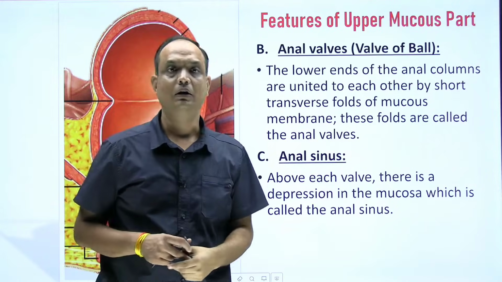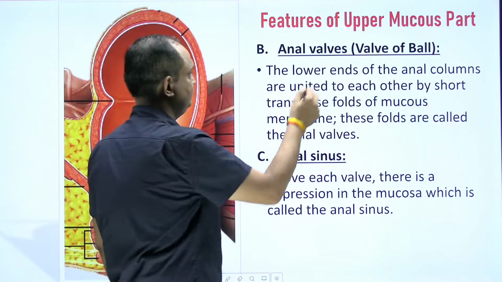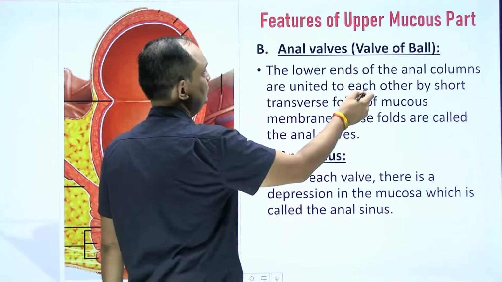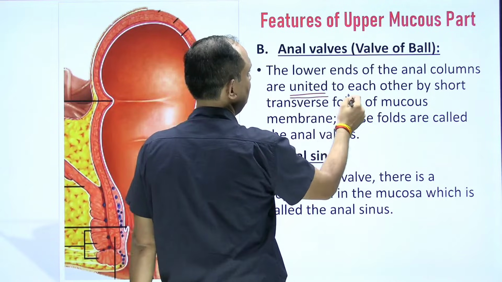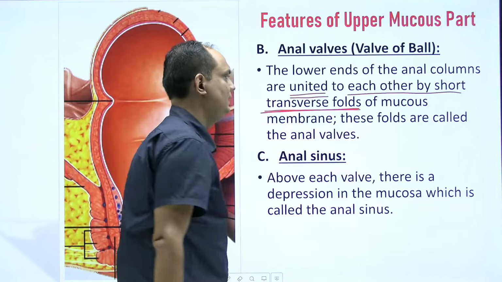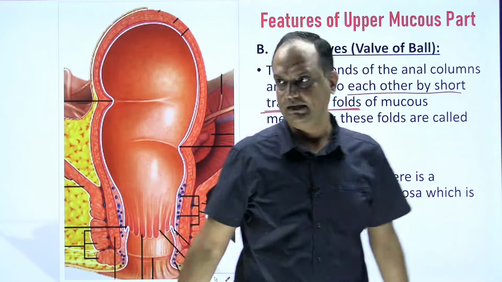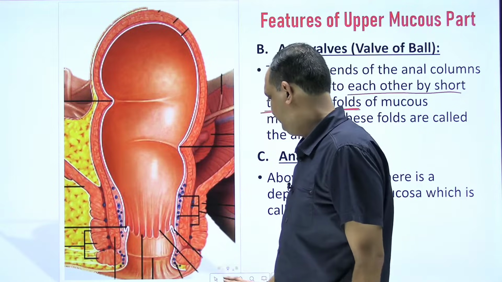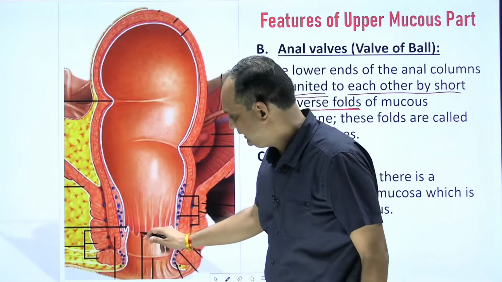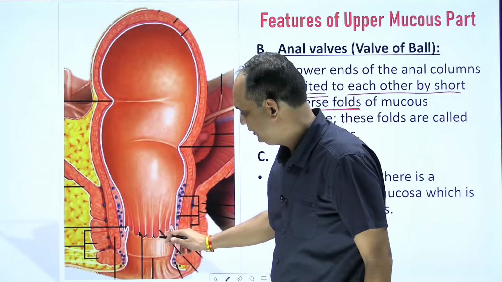Now the second feature of the upper part of the anal canal is the anal valve of Ball. When you see the longitudinal columns, the lower ends of these columns unite with each other by short transverse folds of the mucous membrane, and these folds are known as anal valves. If you see in this image, these are the anal valves, which are connecting the adjacent anal columns.